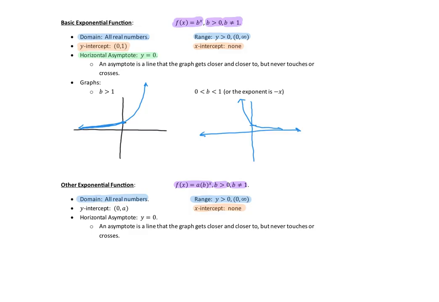And we do still have a horizontal asymptote of y equals 0. The only thing that changes is the y-intercept. Instead of it being 0, 1, what it's going to be is 0, a. Whatever this outside number is your y-intercept.